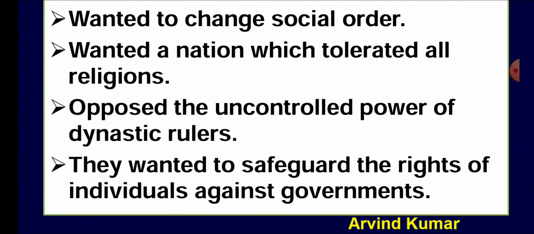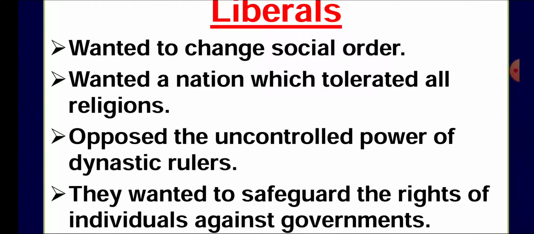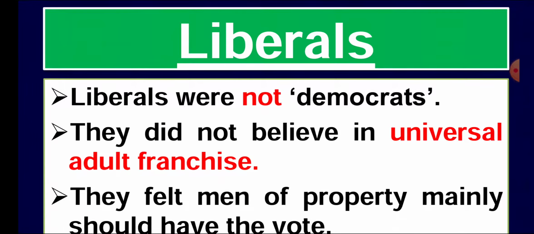So in simple words, we may say that these were the people who wanted to bring change in society. Although there were some limitations of these liberals, limitations here refers to demerits, that they were not fully democrats.